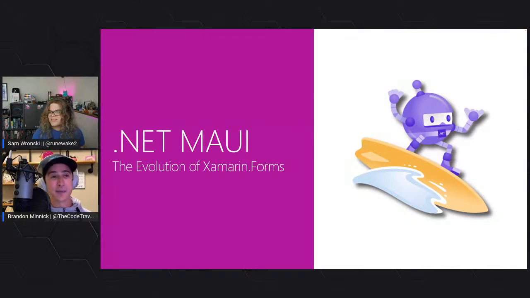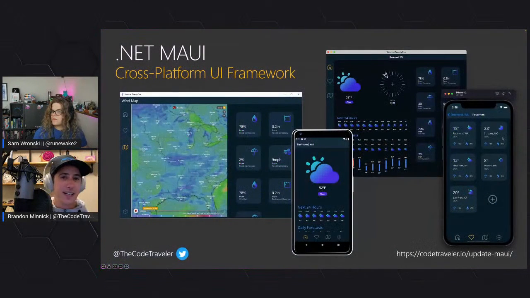The current release of Xamarin Forms is version 5 right now. .NET MAUI essentially brings all of those technologies into the .NET SDK. So we're finally promoting all of the fun stuff that we've been doing for the last few years into .NET, which is really exciting.